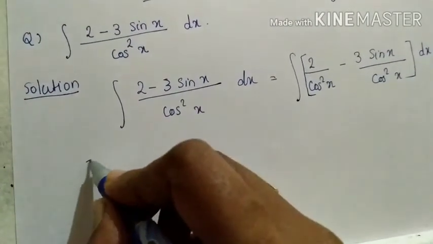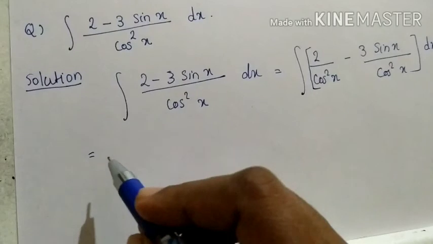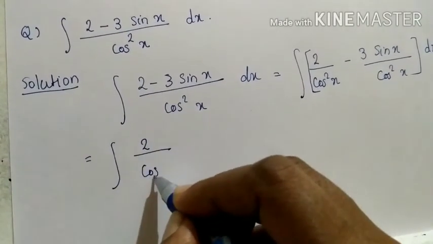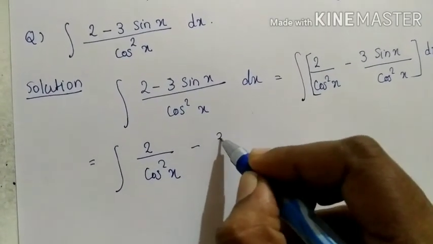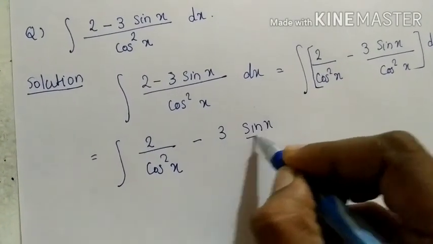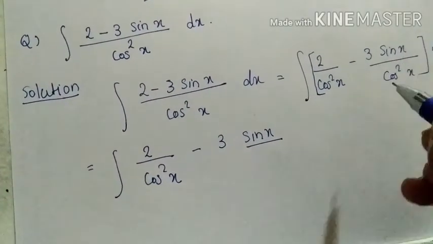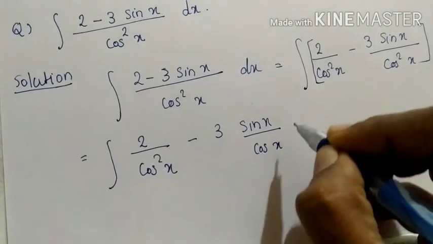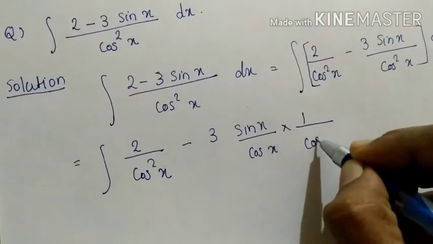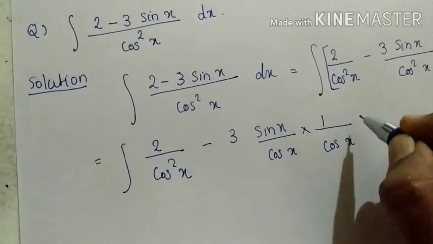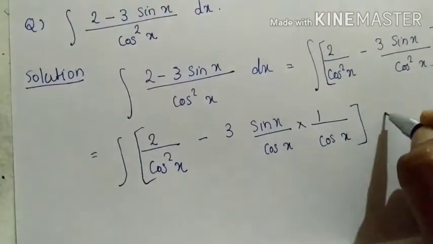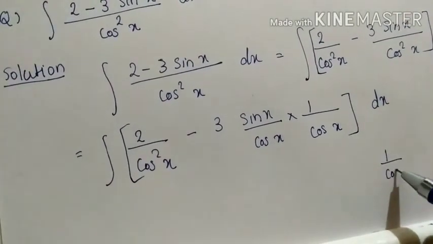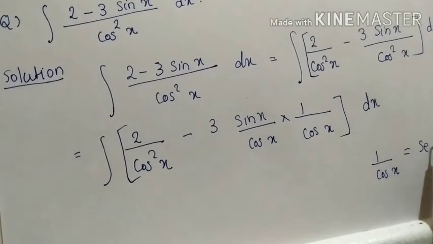Okay, and which will further equal integral 2 by cos square x minus 3 sin x divided by cos square x dx, where next I am going to split this cos square x, first writing it here, and next writing it this way. Okay, and we know that 1 by cos x is sec x, right?